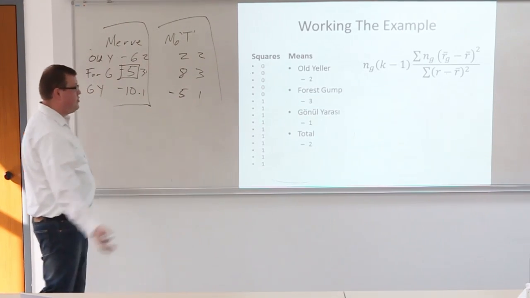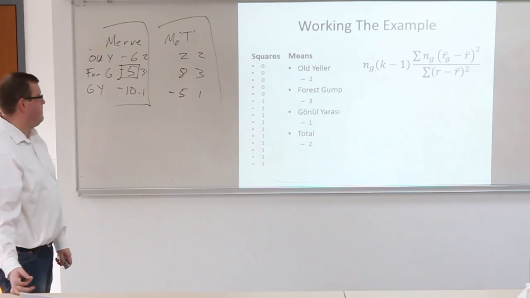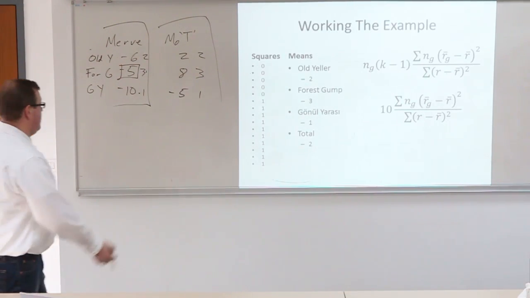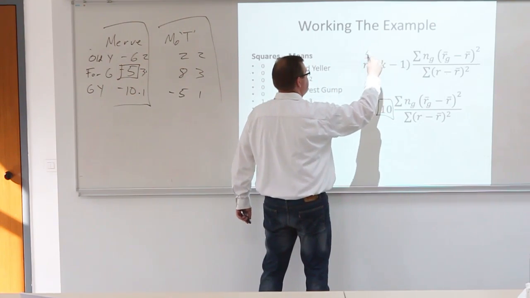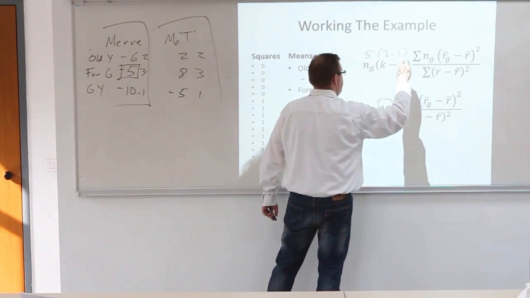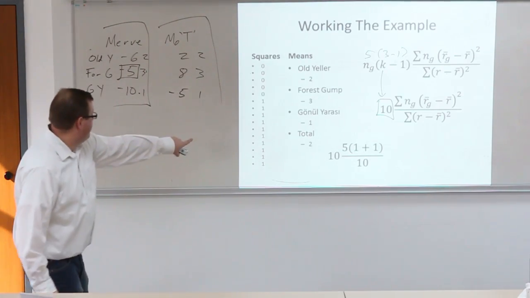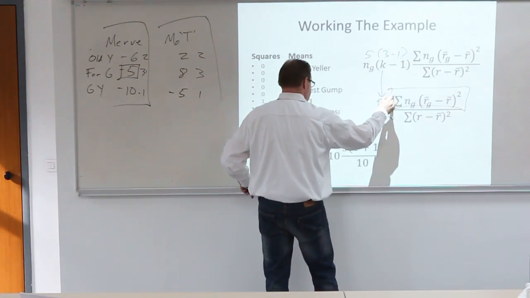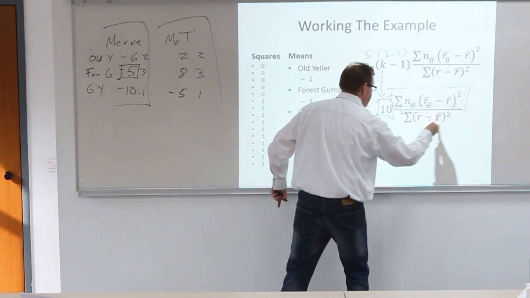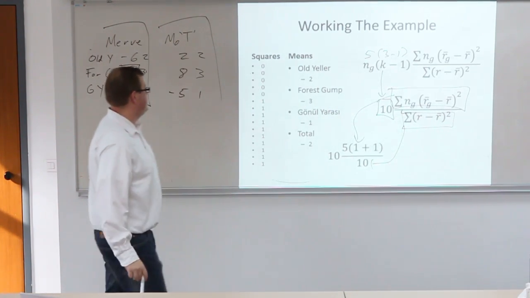Now all we need to do is plug them in. So we have the 10. This is exactly what we figured out earlier, which was just 5 times 3 minus 1. Now this part is equal to this, and the bottom here is equal to that. Let's verify this.